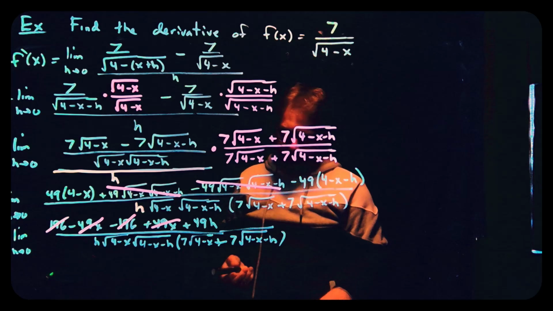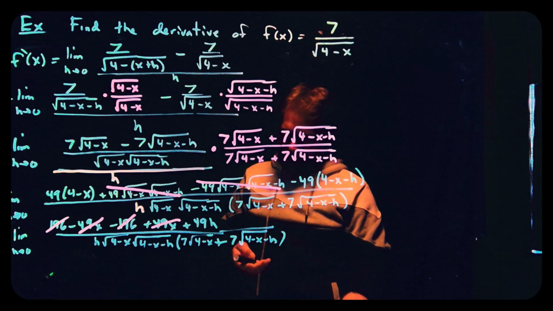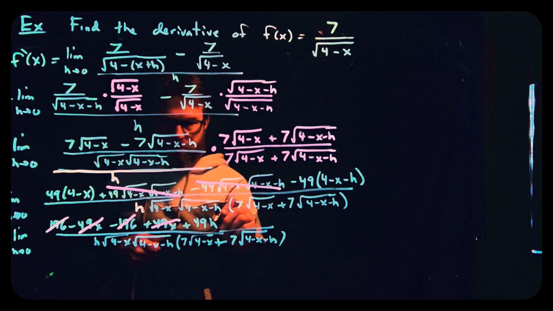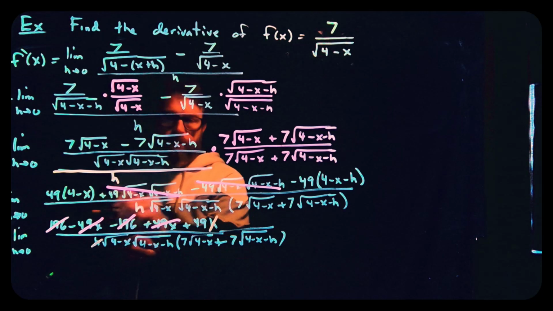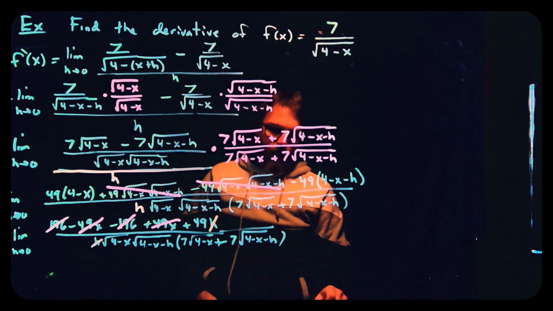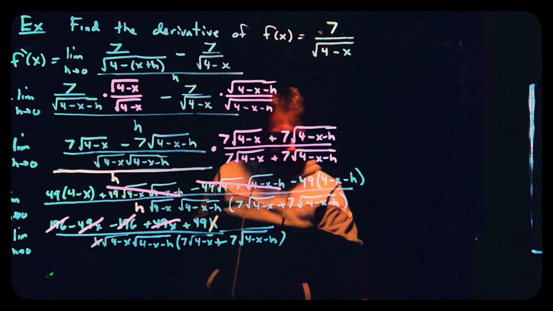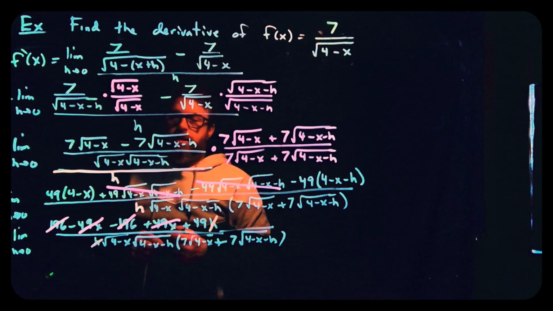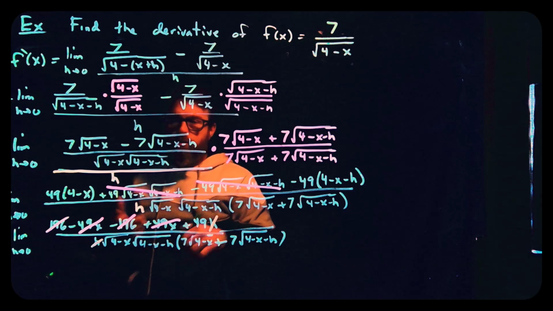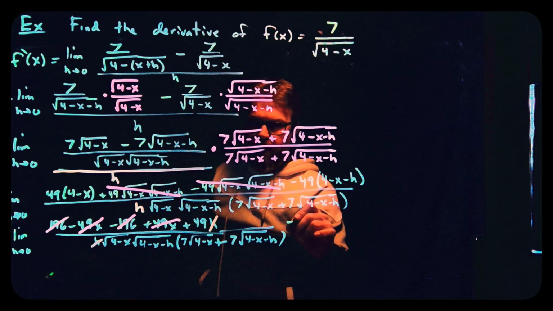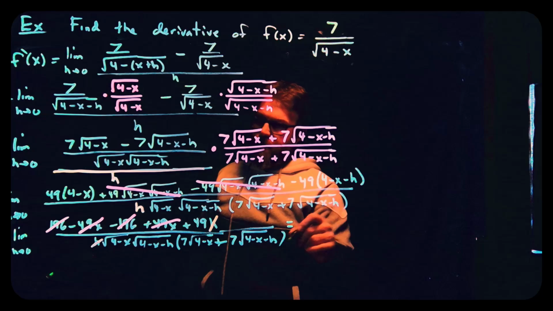But I am feeling like I'm going to be out of room here, so let's do this in orange. So now these h's will cancel. Be careful. Isolate the h so that you can factor it out first. And now I know that this function is defined at h equal to 0, so I can now plug in h equal to 0. So on the top, there's still this 49.